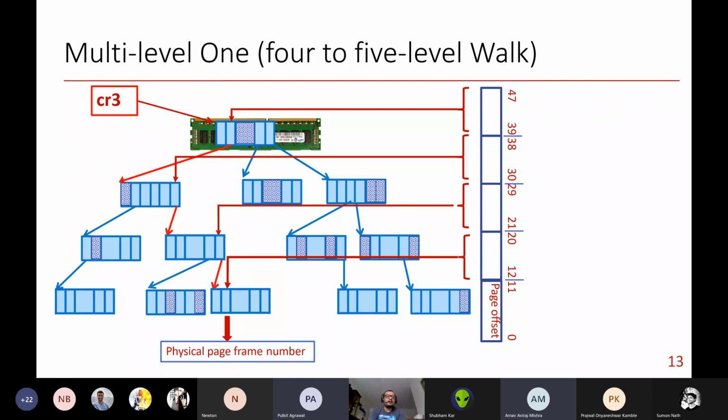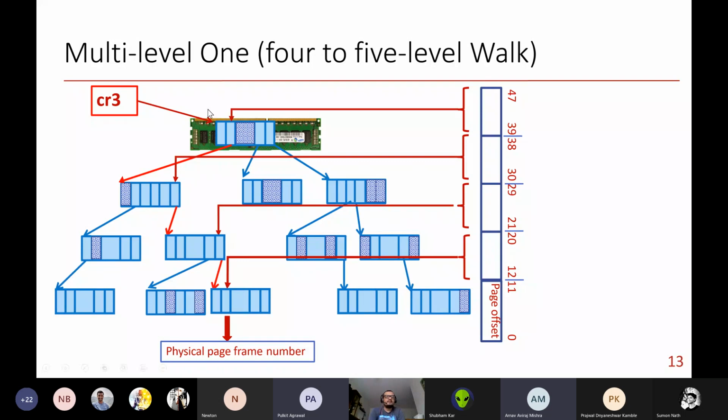And the way a virtual address is translated into a physical address is determined through a structure known as a page table walker, which is a hardware structure. It's not a software structure. The page table walker takes the root address of the page table, which is given by a register, let's say CR3, which is updated by the OS.